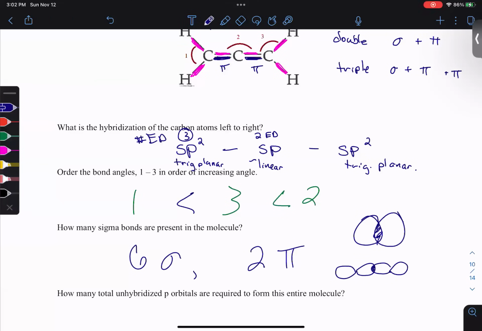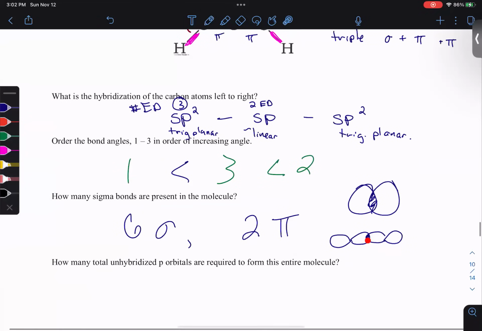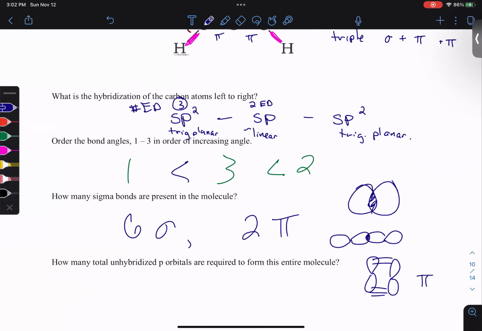It's not head-on overlap. It's side-by-side overlap between what 2 kinds of orbitals? P orbitals, yes, but they have to be p orbitals that are parallel to one another. So this is a sigma interaction between 2 p orbitals head-on like this, but a pi interaction looks like this, where the overlap is side-by-side.